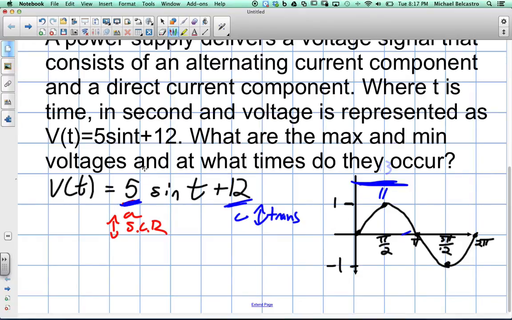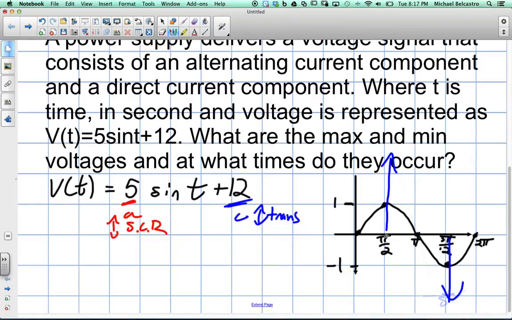We also have a stretch of 5. In other words, our zeros will all stay the same, but we multiply all of our major y values by a factor of 5. So 0 times 5 still gives us 0. But this 1 now goes all the way up to the number 5, and the minimum goes all the way down to -5. So in other words, there's an amplitude, okay, of 5.